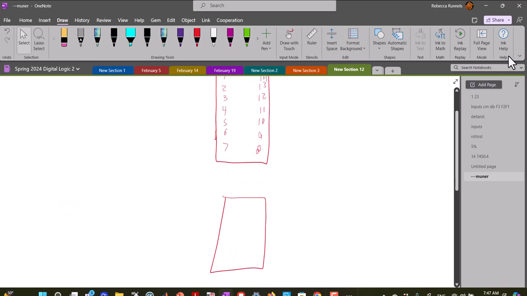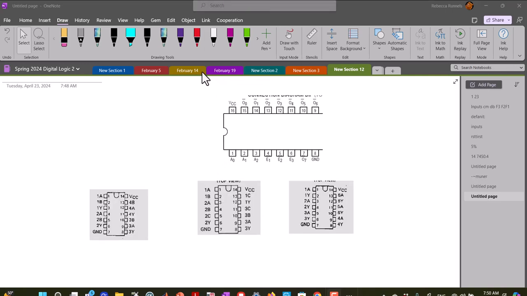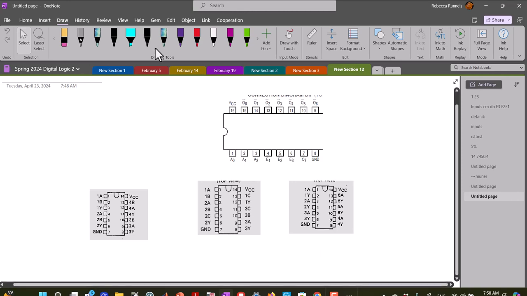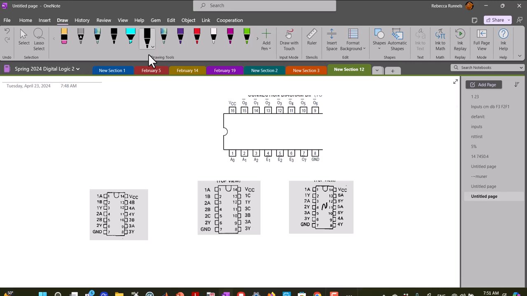I don't know why I'm bothering to copy all this. Okay, let's try this again. So this is my NOT gate right here. This one is my 3-input AND. And this one is my 2-input OR. And this is my decoder.